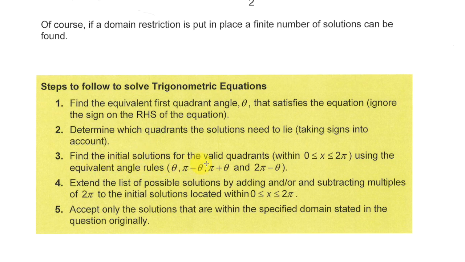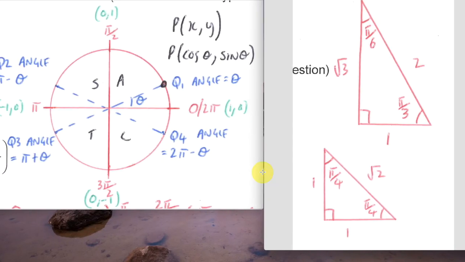Find the initial solutions for the valid quadrants. That is the solutions that are between 0 and 2 pi, so 1 full revolution of the unit circle going forwards. So that's the rules that we use. Remember, in quadrant 1 it's just theta, and in quadrant 2 the angle will equal pi minus theta. So pi minus pi on 3, where we worked out that this angle here was pi on 3.